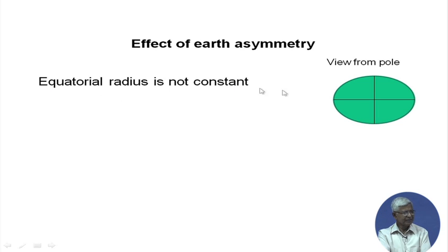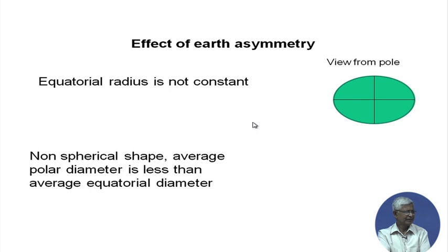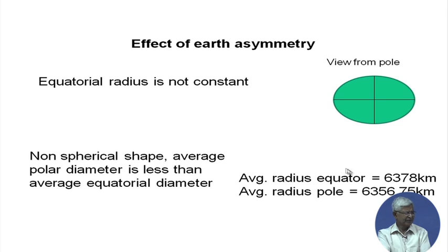Equatorial radius is not always constant, it is slightly bulged at the equator. Now, non-spherical shape, the average polar diameter is less than the equatorial diameter. I have taken from some books, that the average equatorial radius is 6378, the other one is 6356 at the pole.